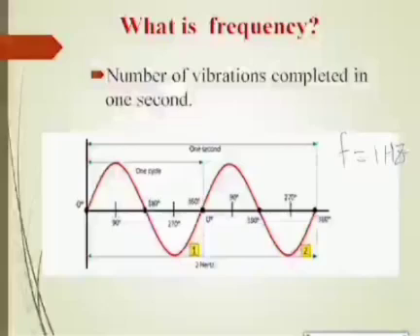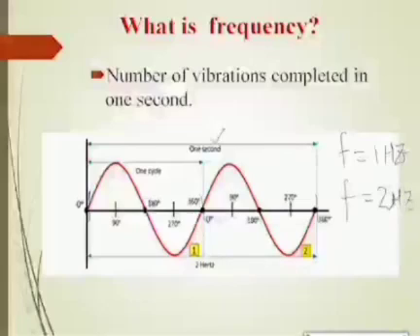Now let us consider an example. Now look at the figure. Here we can see that there are two complete vibrations. This is one vibration, and then from here to here, this is another vibration. So this body completes two vibrations in 1 second. So we can say that the frequency of this body is 2 Hertz.